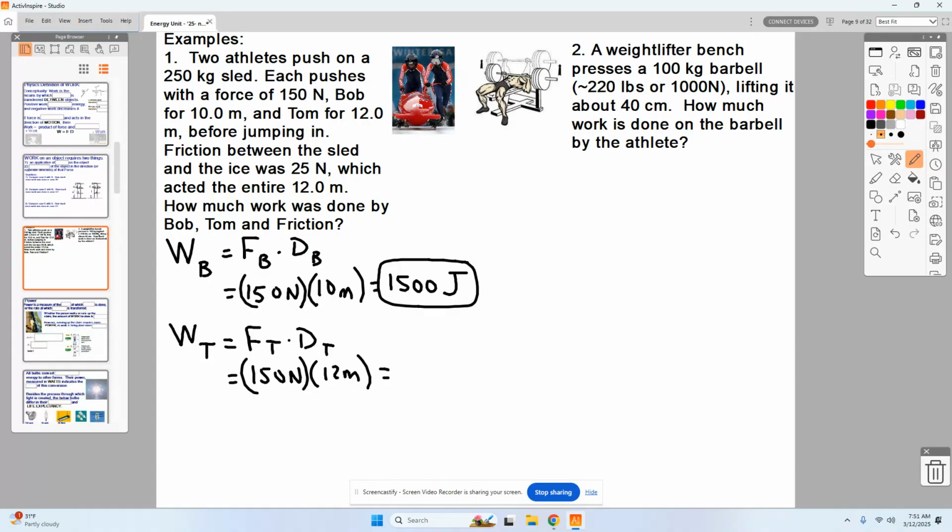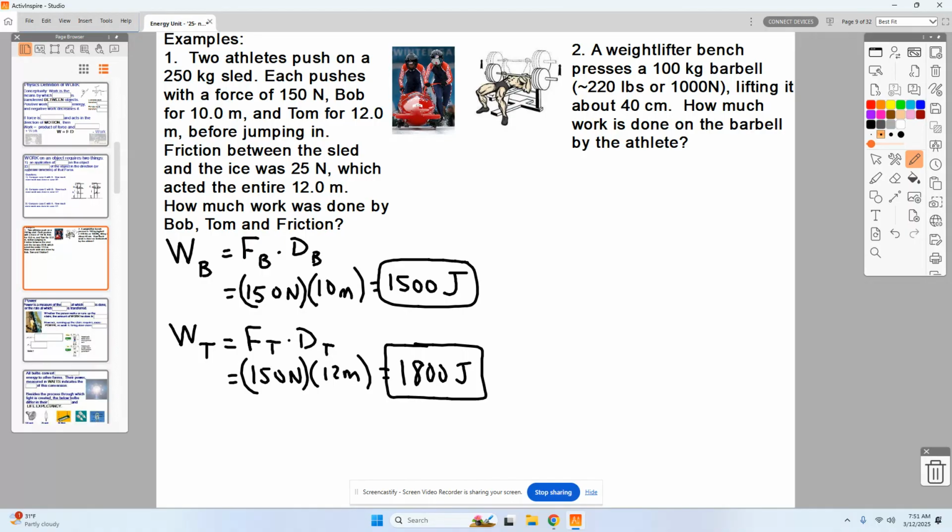Do you see that it's 2 meters further than Bob? Well, 2 meters with 150 newtons each is another 300, right? So if Bob did 1,500 joules, Tom is doing 1,800 joules of work. Now, you could use a calculator if you'd like to, but sometimes you can just sort of reason through with doing some math in your head.